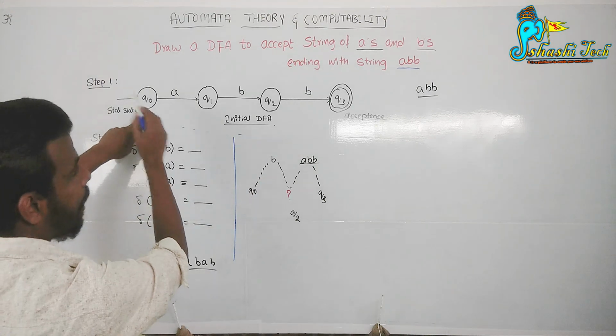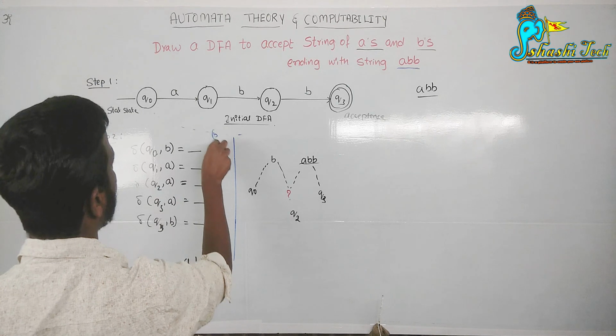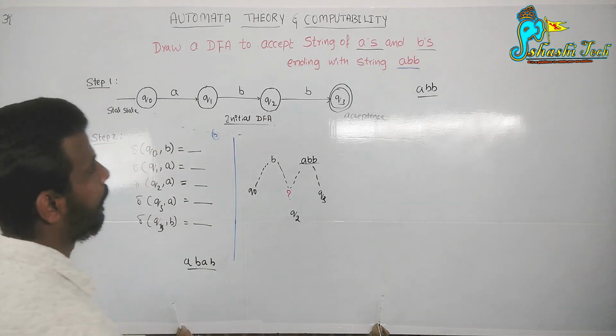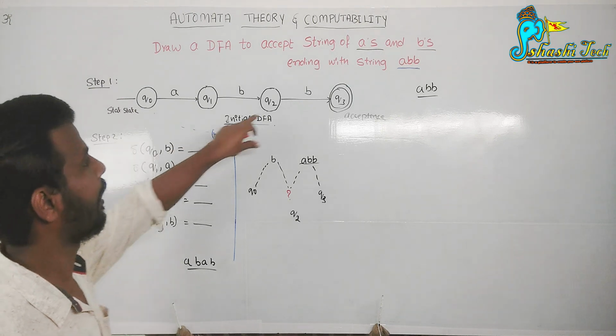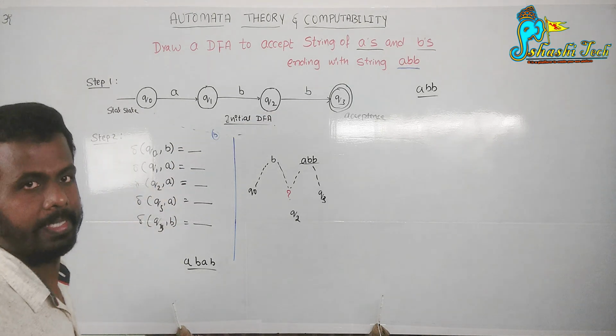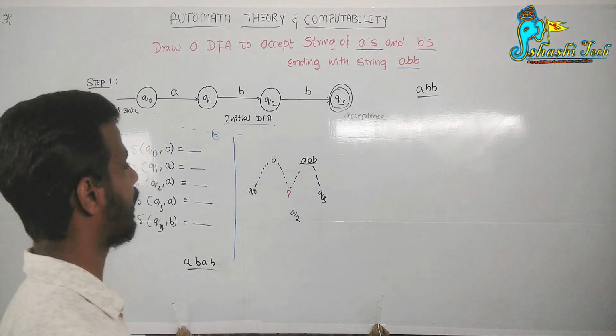Like this, Q0 upon accepting B is going to reach Q2. Is this correct? Shall I write Q2? Some people may say yes.